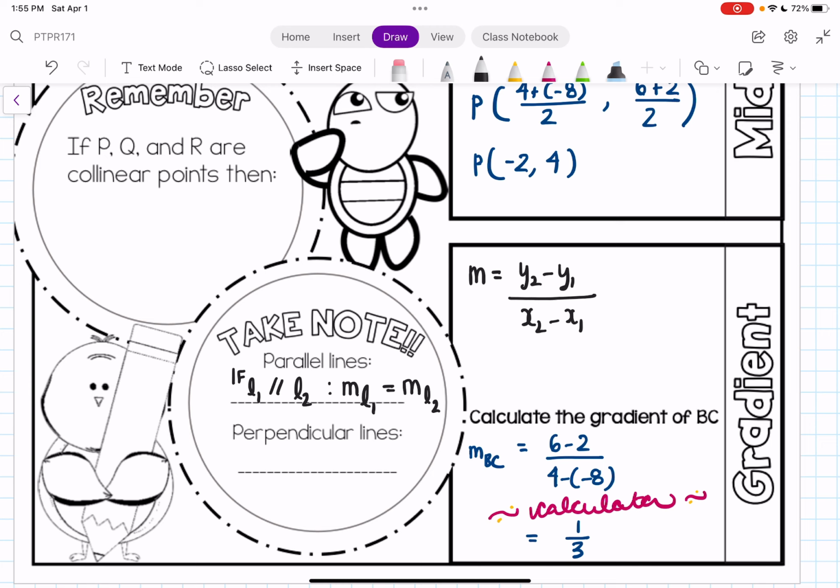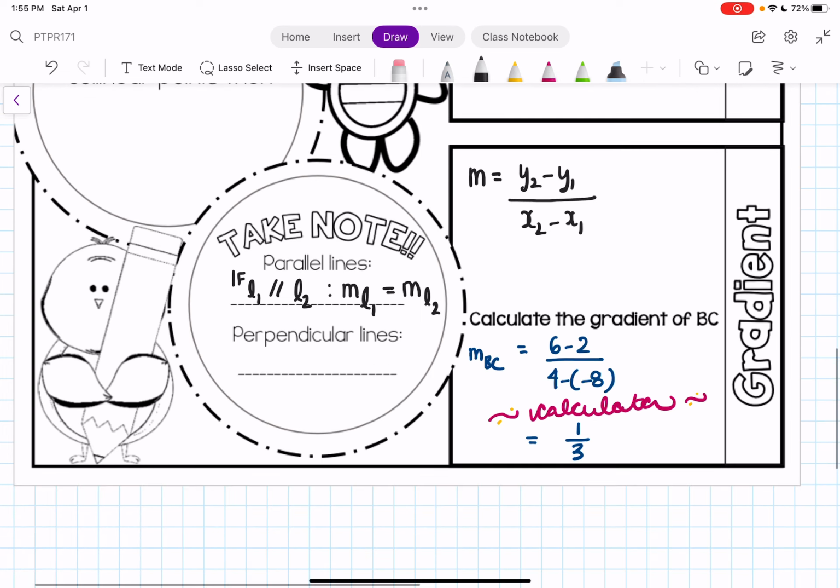So if I told you that line 1 has a gradient of 2, and line 2 is parallel, then you know that line 2 also has to have a gradient of 2, okay? The other way around, if I told you that line 1 has a gradient of 4 over 7, and line 2 also has a gradient of 4 over 7, then you know they have to be parallel, okay?